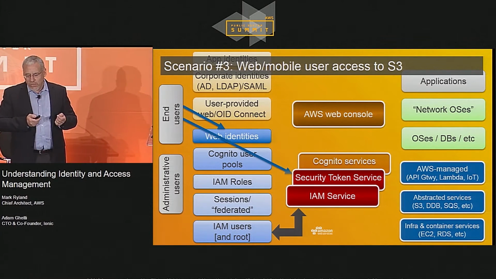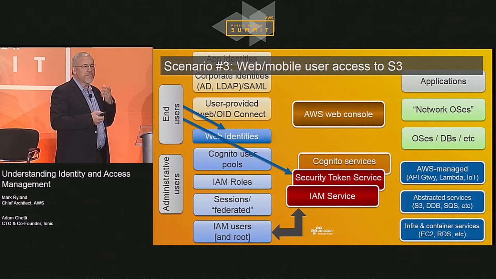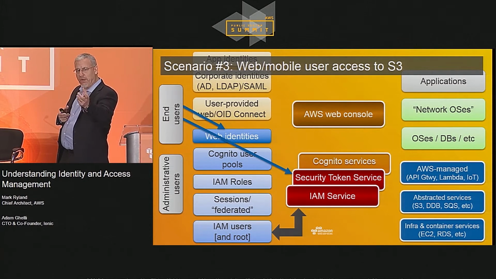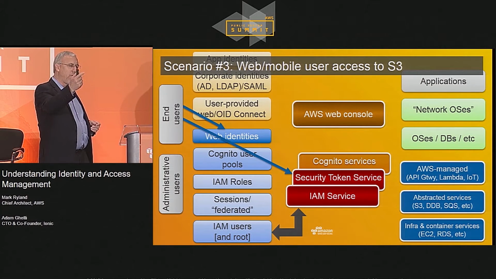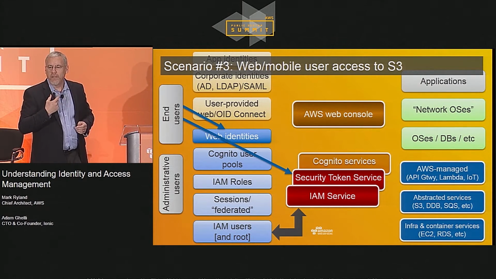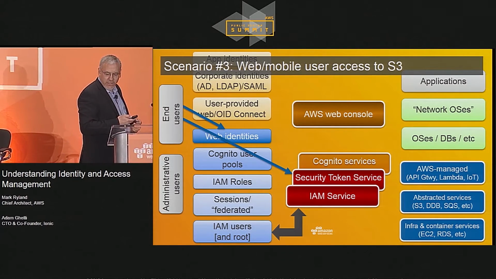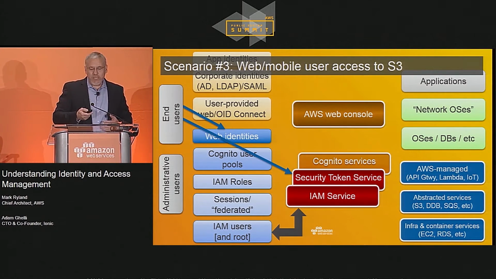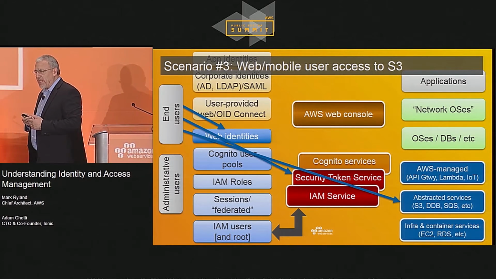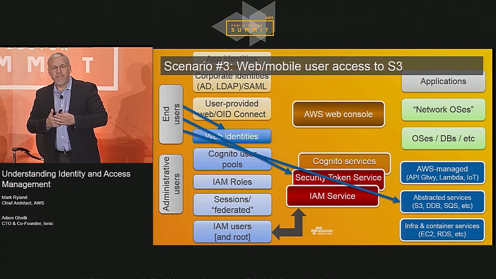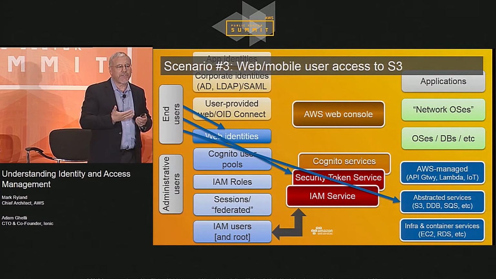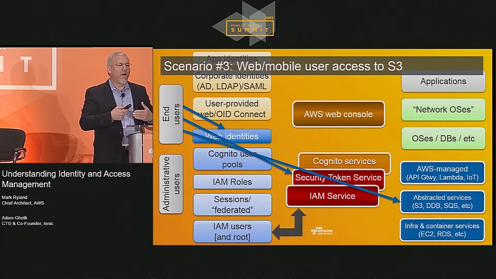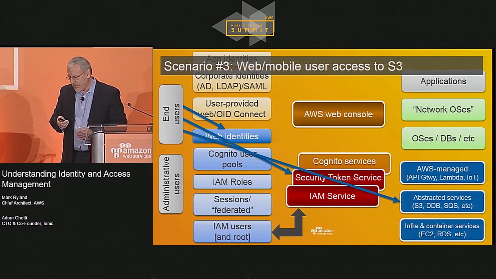Take that token, go to STS, and say, here's a token proving that I'm Joe, give me back an Amazon role that corresponds to Joe. You get back the Amazon token, and then you use that token to sign your request to S3. You make a direct call to S3, and you have secure access to anything that the author of the application wants you to access in the S3 storage system.